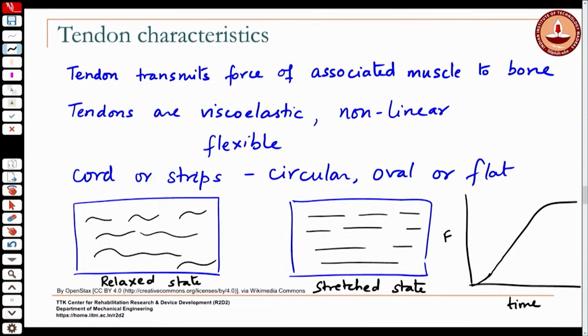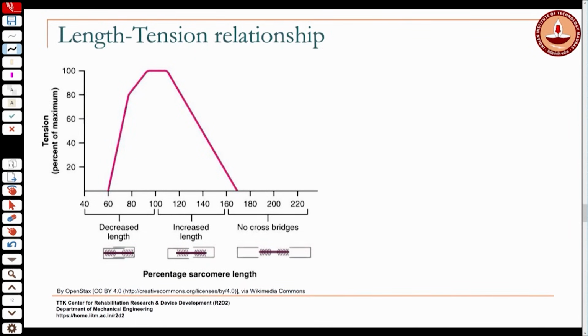Okay. So, if you look at the whole muscle, force versus the lengthening, this is for the individual sarcomere, right.